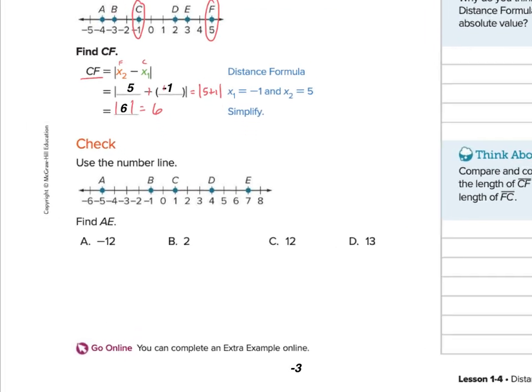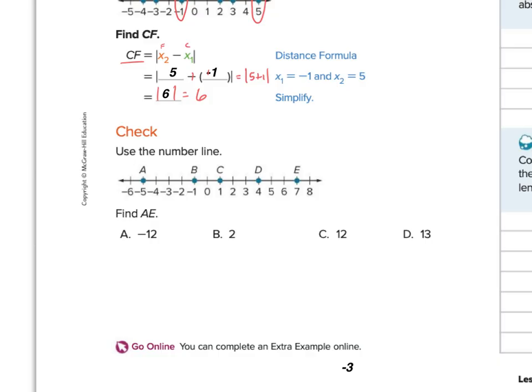So, doing the check here. Use the number line to find the value of AE. A is -5, E is 7. So let's see here, AE is equal to the absolute value of x2 minus x1. AE then is going to be equal to the absolute value, and it doesn't matter which order you use.